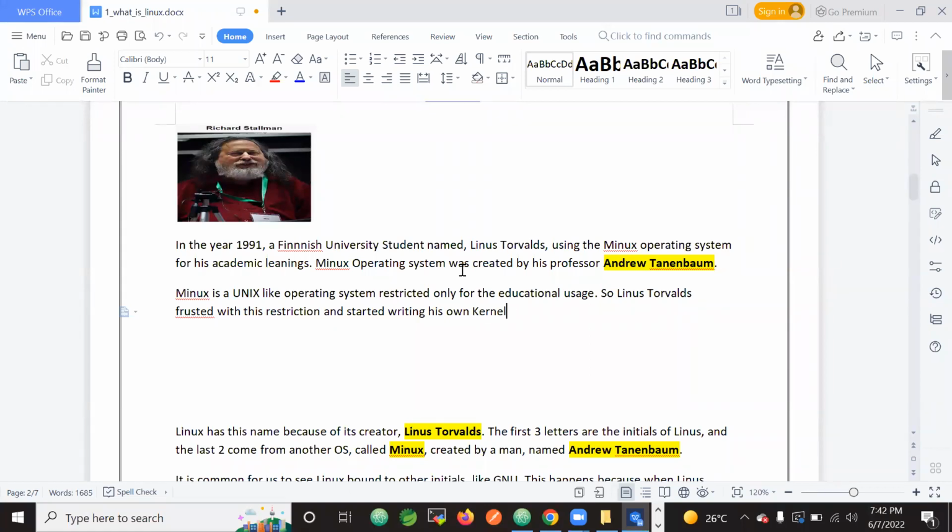This is very important. The kernel is the core component of any operating system. First, he started writing the kernel, the main component of the operating system, and he named it Linux.